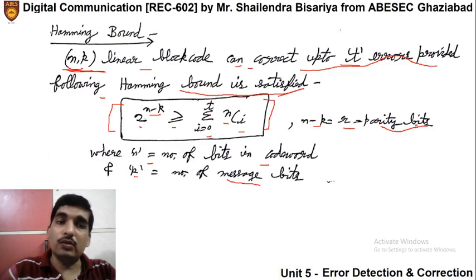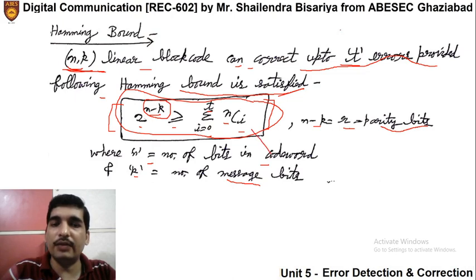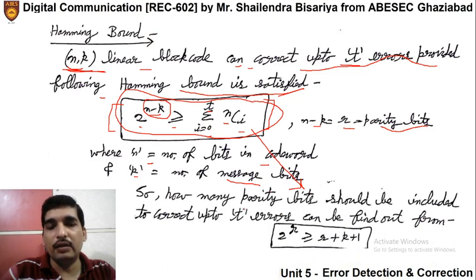From this Hamming bound condition, we can replace n minus k with r in this equation, and by rearranging and simplifying, we can easily find that 2 to the power r is greater than or equal to r plus k plus 1.